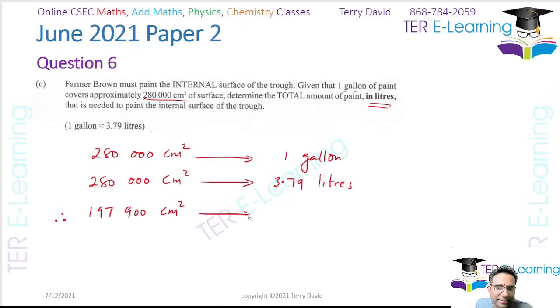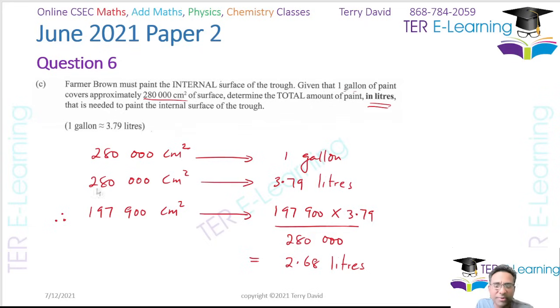Therefore, 197,900 cm squared is covered by, and what I'm going to do is take the 197,900, multiply it by the 3.79, and divide that by 280,123. What I'm going to get here in terms of liters is 2.68 liters.